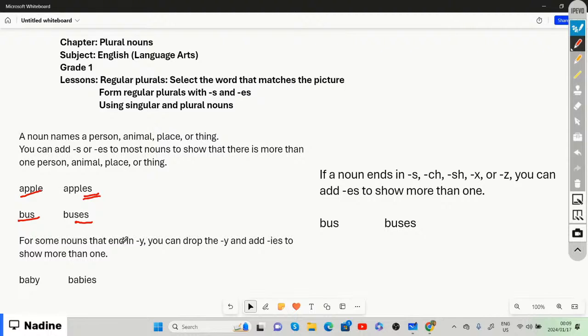For some nouns that end in Y, you can drop the Y and then add IES to show more than one.